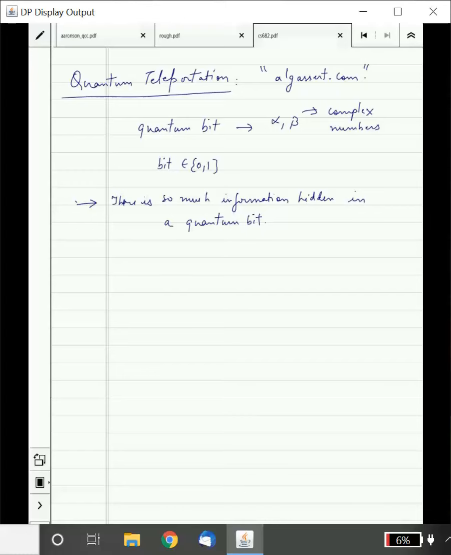To counter that, I will show you this protocol. What does it do? It transfers a quantum bit using classical communication between two quantum parties.